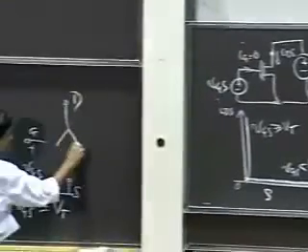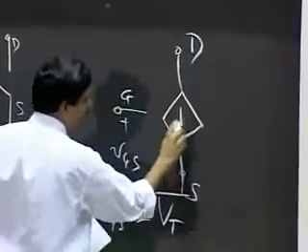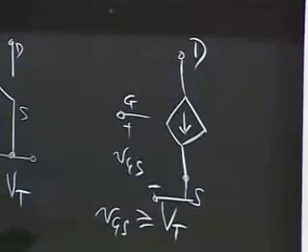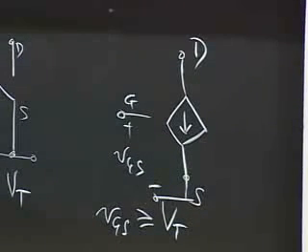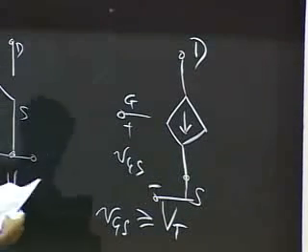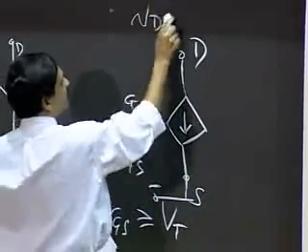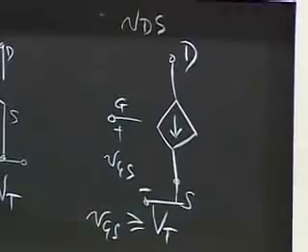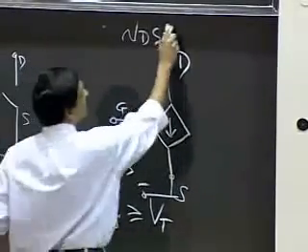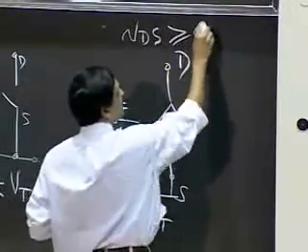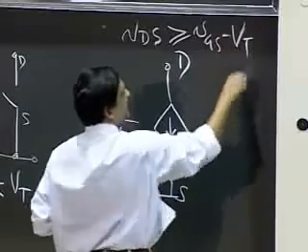So what happens is that under certain conditions, and the conditions are the following. When VDS, that's my drain to source voltage, is greater than or equal to VGS minus VT.